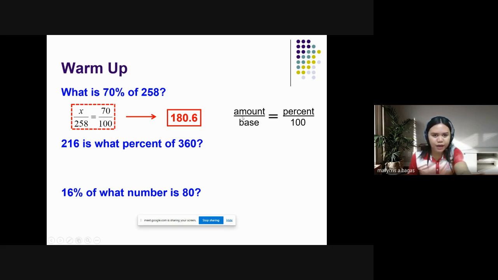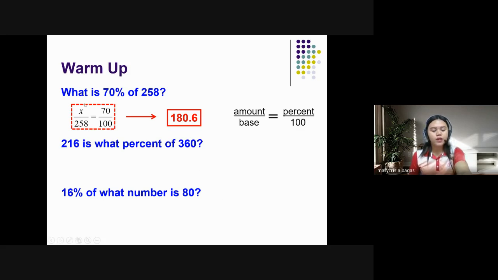So here x is our amount, 258 is the base, and 70 is the percent. Then over of that is 100.